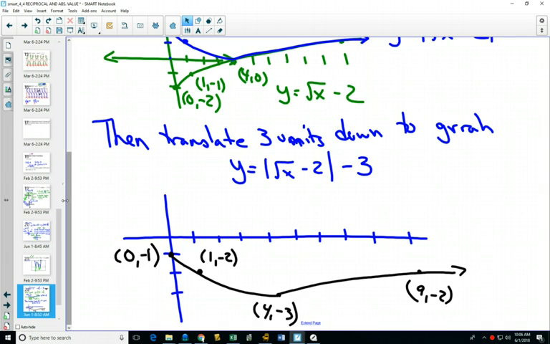You're like, I can't have anything negative. That's true for just this part, right? That's our blue graph. Our blue graph has nothing negative. But if you take something and translate it 3 down afterwards, as you can see in this graph, we can have parts of that graph be negative, because that minus 3 happened afterwards.